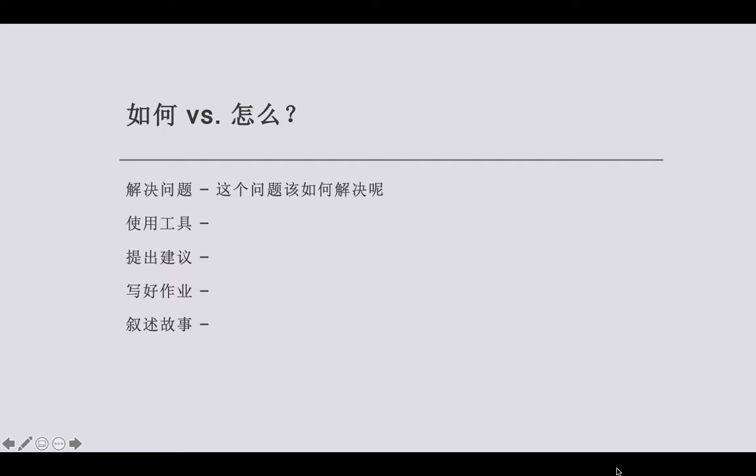I hope you work it out. The result is 这个工具该如何使用呢? How this device should be used, or how to use this machine, how to use this device.